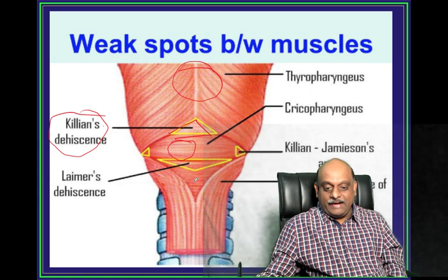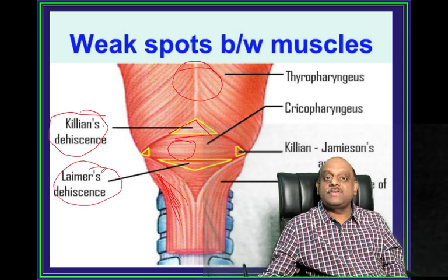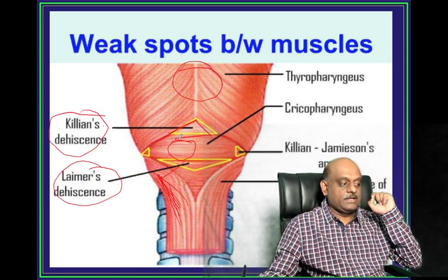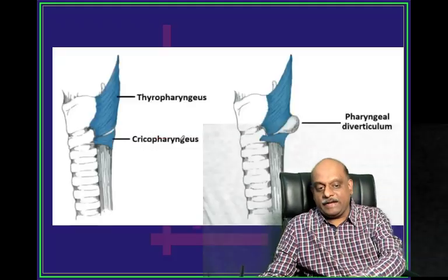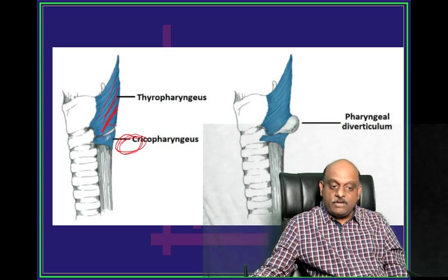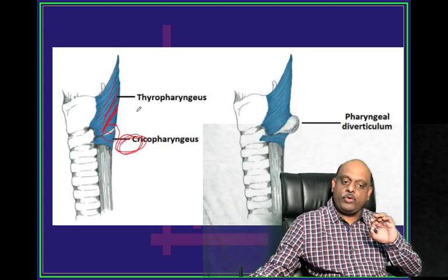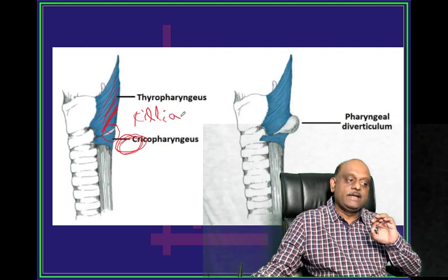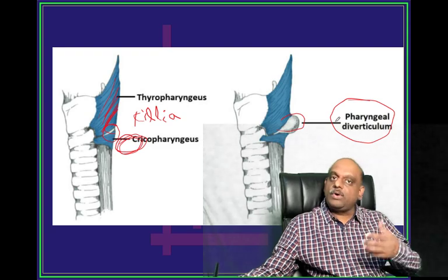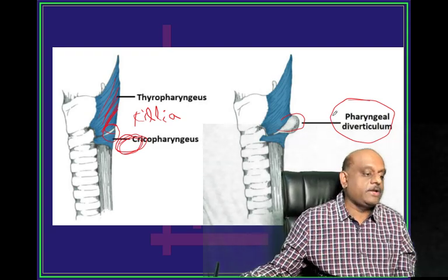Then this is the longitudinal muscle of the esophagus, and here you have Lamier's dehiscence. So two weak points you have to basically identify. Between the two, the weakest point is called Killian's dehiscence. Sometimes there can be a herniation through that, which is called pharyngeal diverticulum, is what you have to remember.